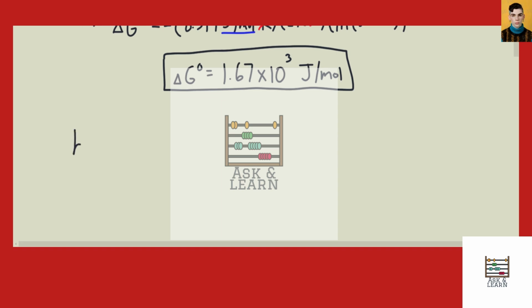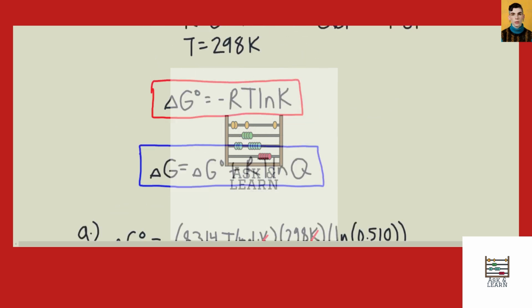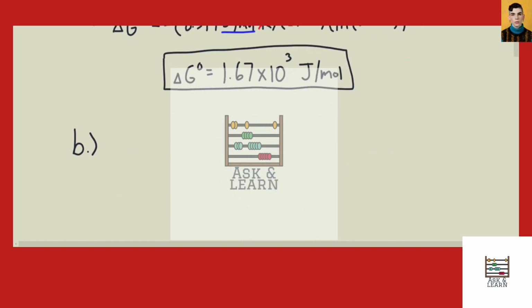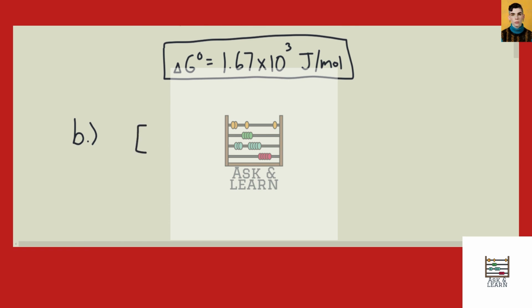In part B, we need to find delta G, and we are told that the ratio of fructose 6-phosphate to glucose 6-phosphate is 10 to 1. So the concentration of fructose 6-phosphate to the concentration of glucose 6-phosphate equals 10.